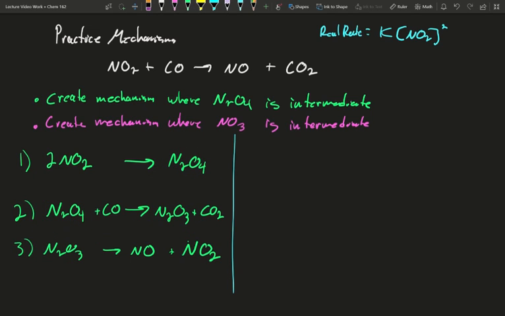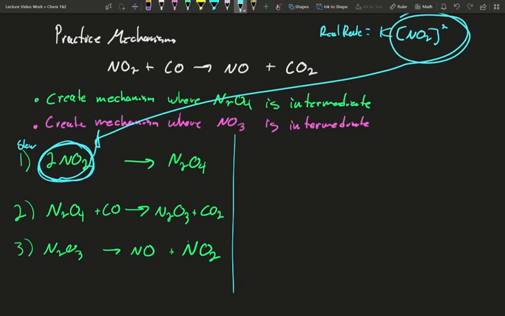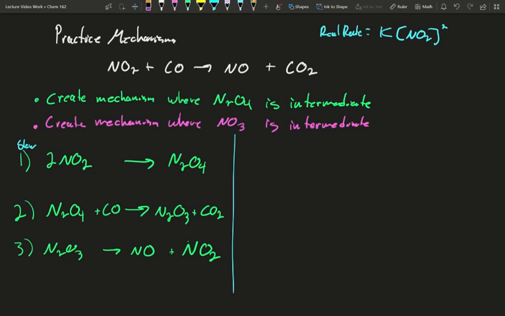So yeah, these 3 elementary steps would return the observed balanced reaction. Could we possibly get our real rate law from this? Well, if our first step was slow, because that would have 2 NO2s, and, well, there's no earlier steps, and 2 NO2s is what we expect to see. So this could work. This could be a mechanism.